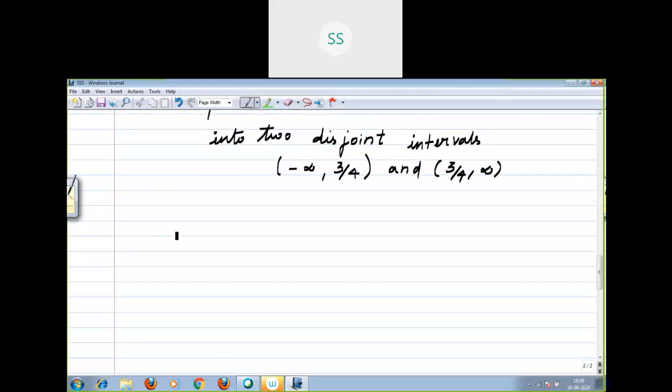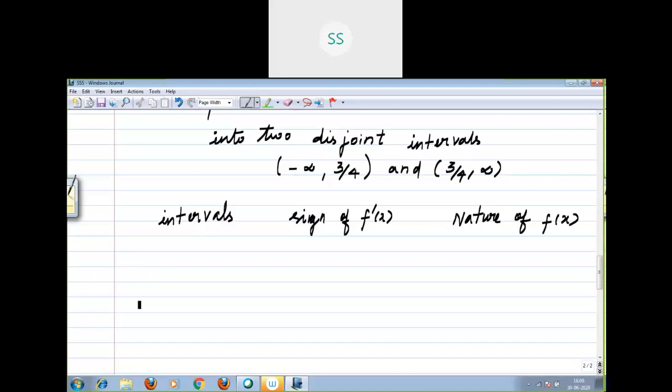In the first column you write intervals. Next, you write the sign of derivative, that is f dash of x. Then you conclude the nature of the function.